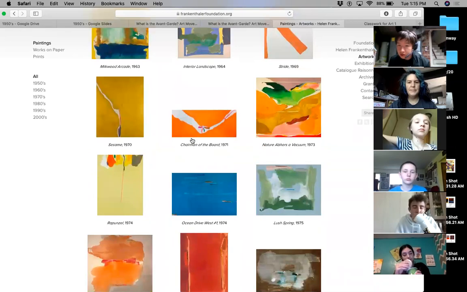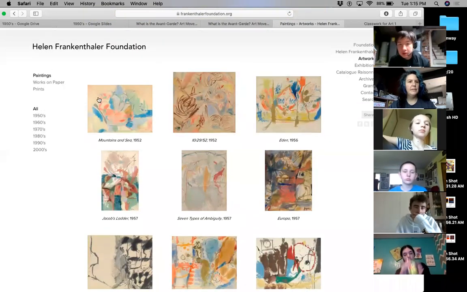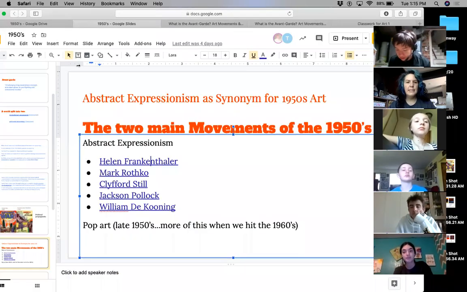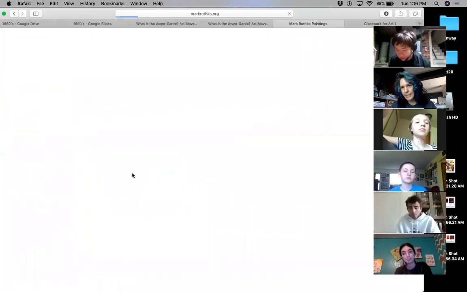This is an example. These are all very famous artists. These are seen throughout many different museums, and they sell for hundreds of thousands of dollars.